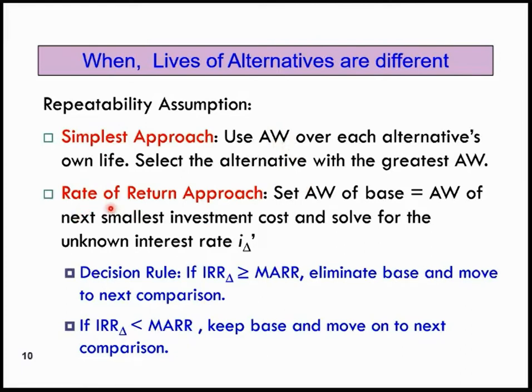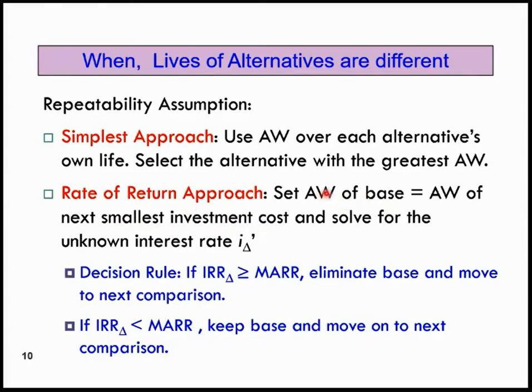And if you want to use rate of return when repeatability assumption is valid, again, you need to use the incremental analysis, and you need to calculate the rate of return for the difference incremental cash flow. And actually, you can find the rate of return of this incremental cash flow this way. You can find the annual worth of the base, and you can find the annual worth of the next alternative with the smallest investment cost.